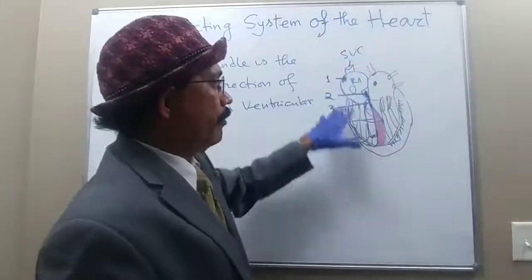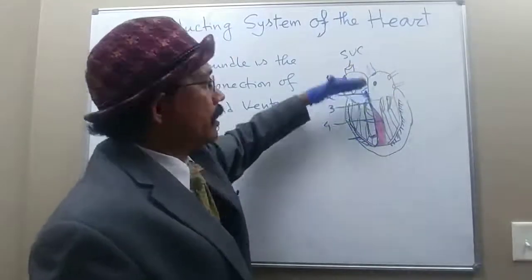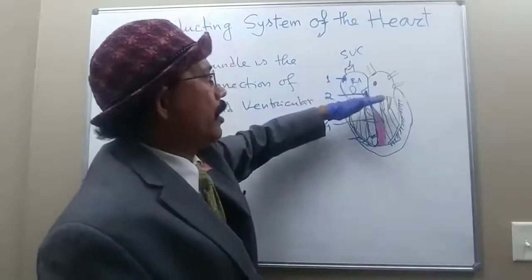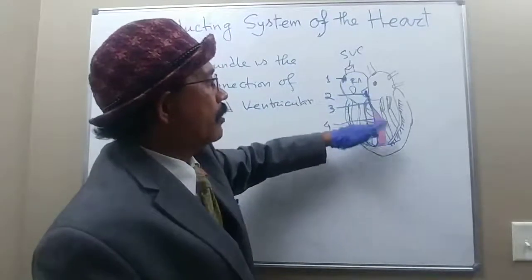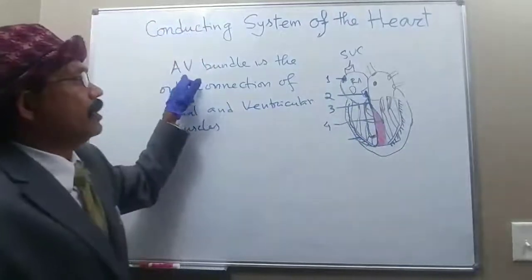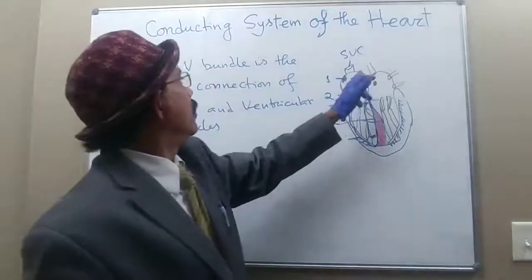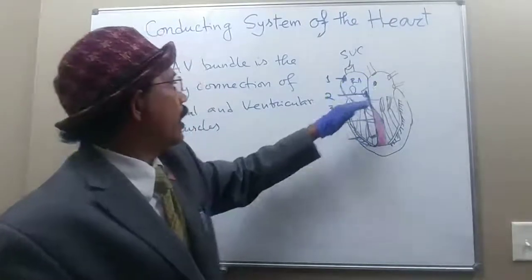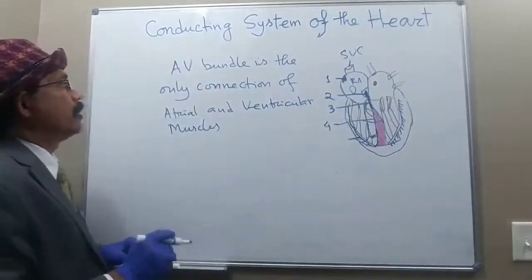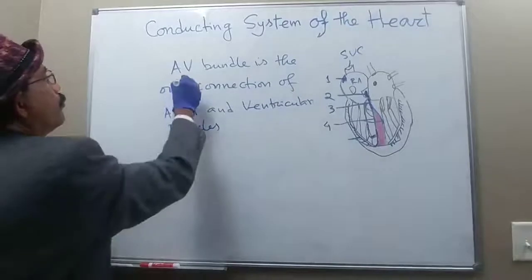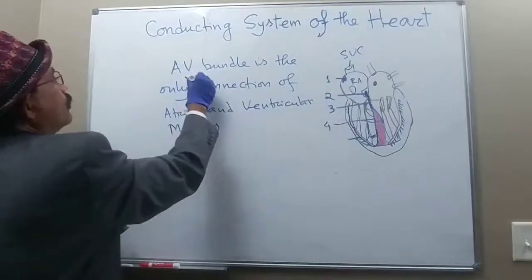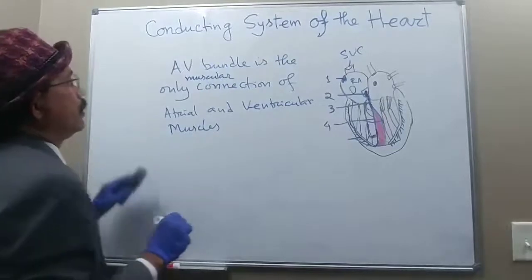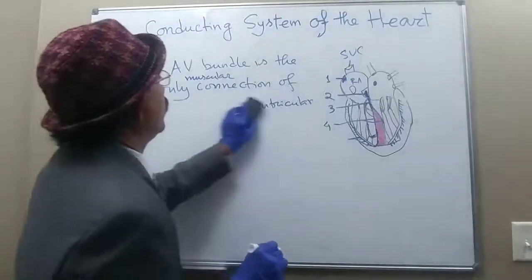Initially we developed from the primitive atrium, then by the epicardial we get separation of the atria from the ventricle, but the AV bundle is the only muscular communication between the atria and the ventricle. Okay, only muscular connection between the atria and ventricle.